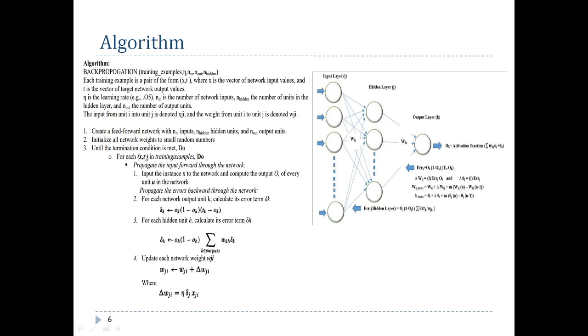Next, for each training example, the target value t is the actual output value and x is the input value. In training examples, propagate the input forward through the network. So first we initialize, then we use the forward propagation algorithm. Input the instance x to the network and compute the output o of every unit u in the network.